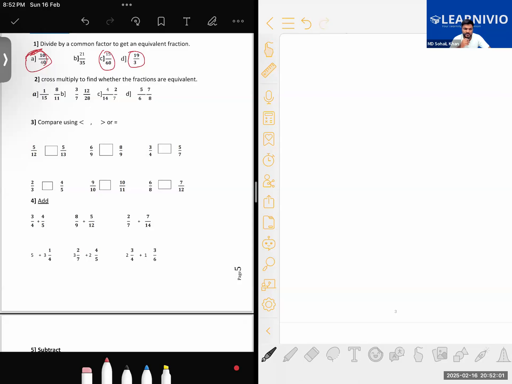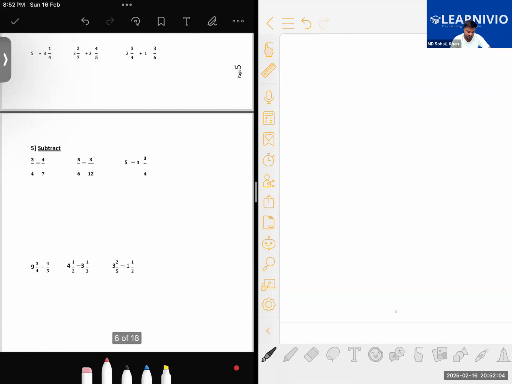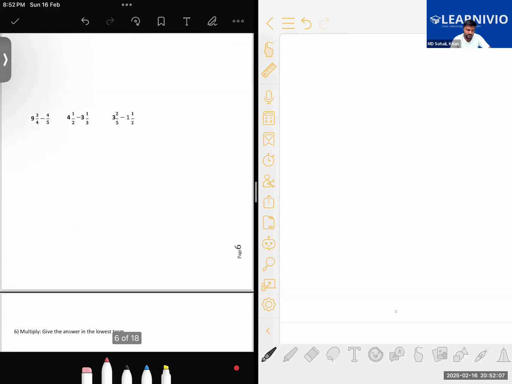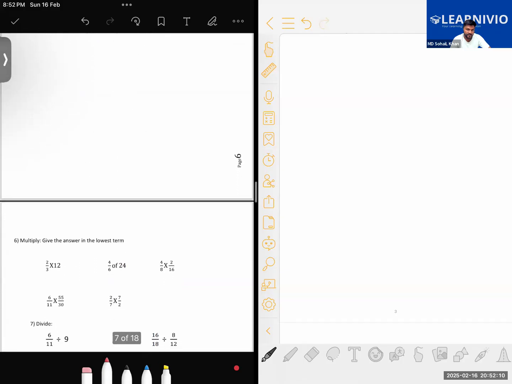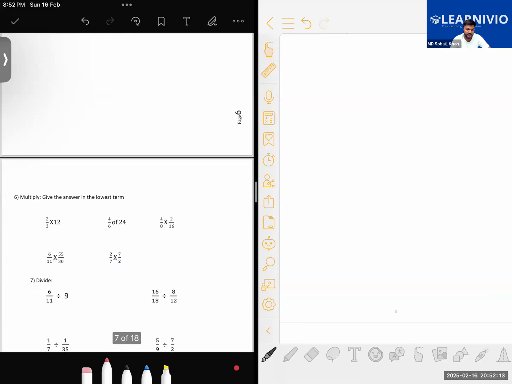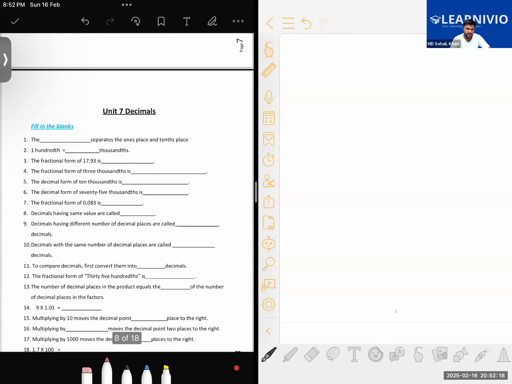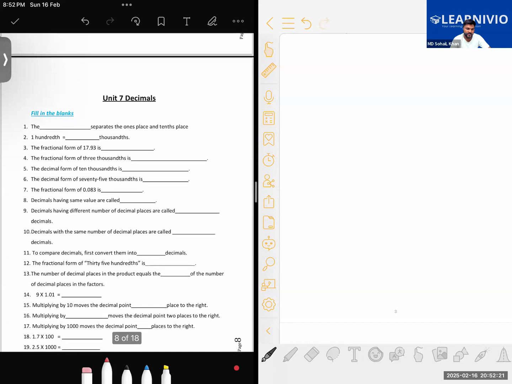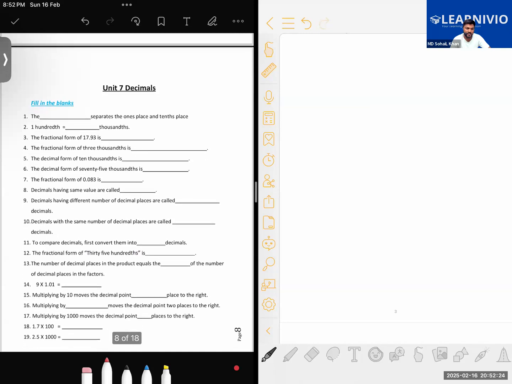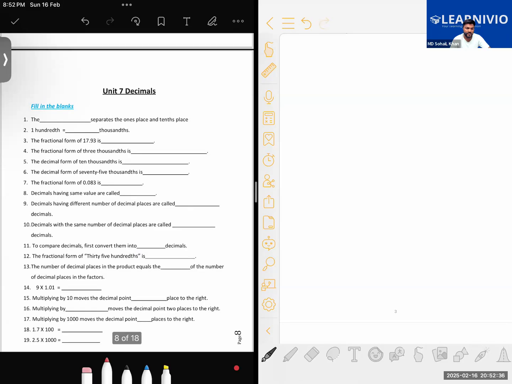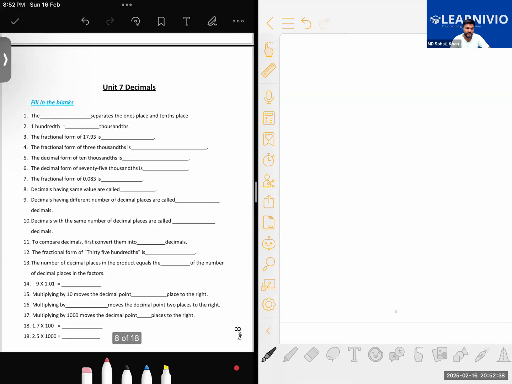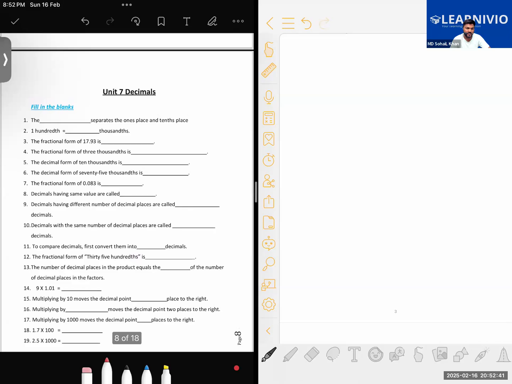I skipped the 4, then 5 also, then I also don't know this. Question number 6, 7. And I did the unit 7 decimals. Not all of it. Question number 1 and question number 11.